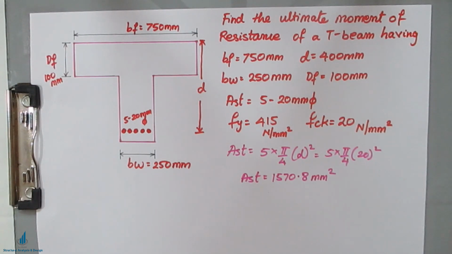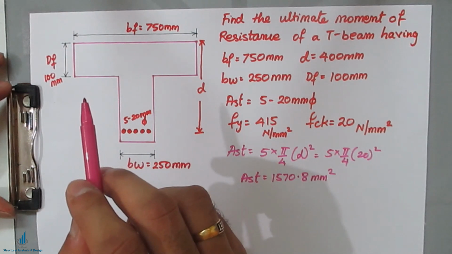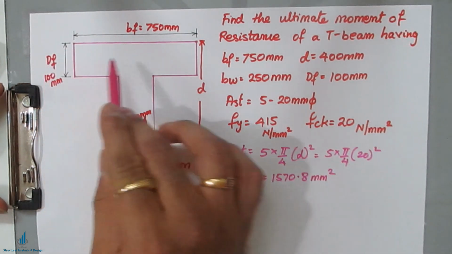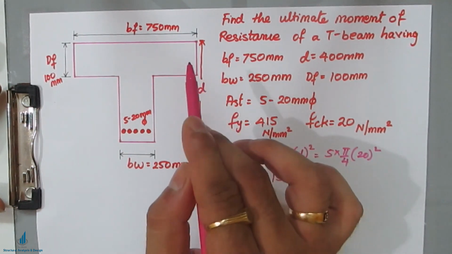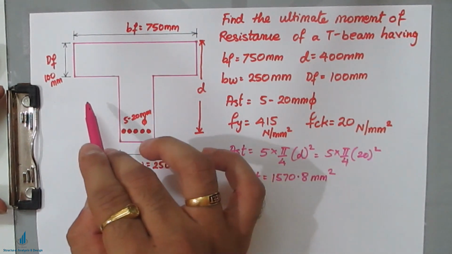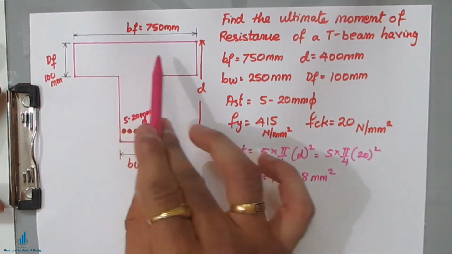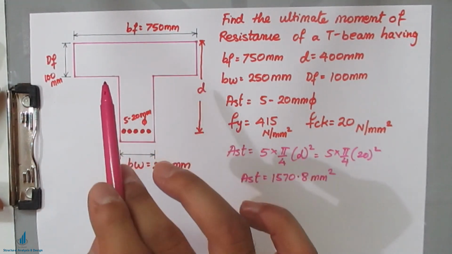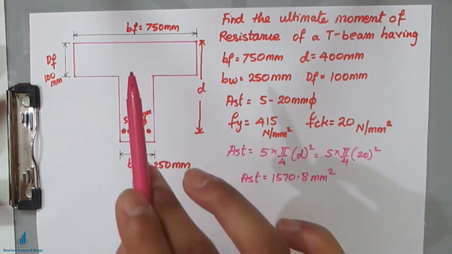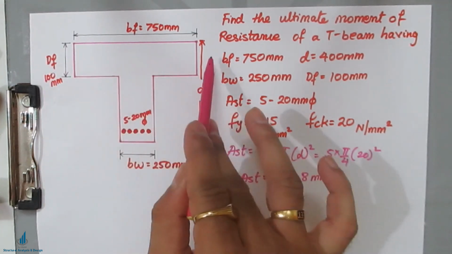Then what you have to do, listen carefully: there will be two cases. The neutral axis lies inside the flange, or the neutral axis lies outside the flange. Outside the flange means it lies in the web, somewhere here, and inside the flange means it lies somewhere in the slab section. So whenever you start an analysis problem of a T section, always start by assuming the neutral axis lies in the flange.